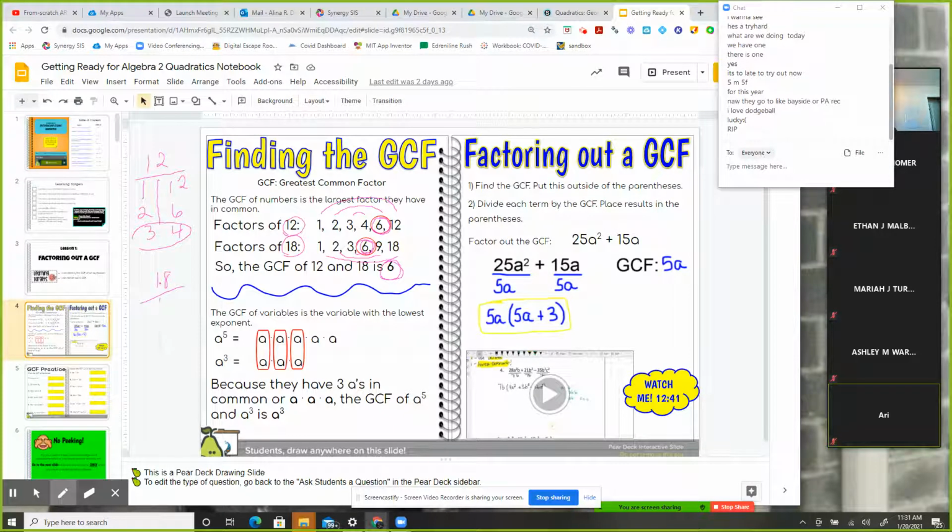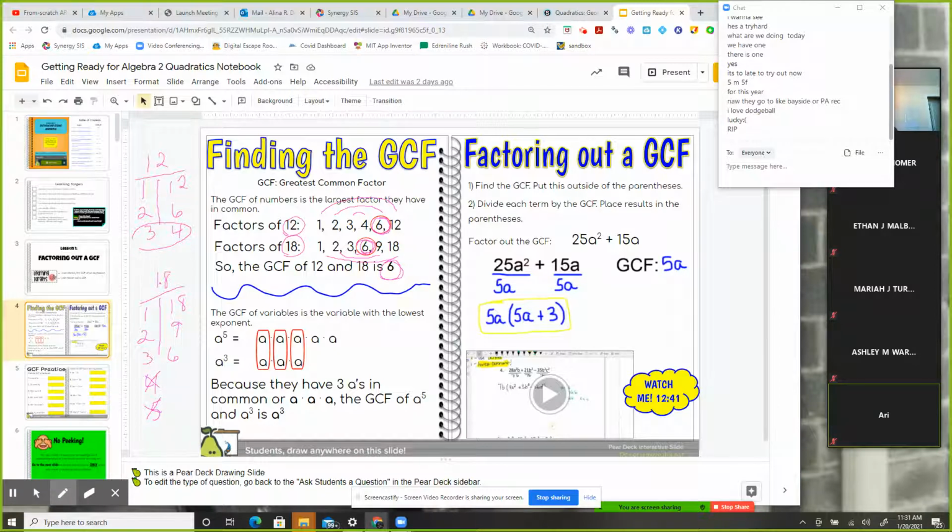So for 18, I do the same thing. 1 and 18, and then 2 and 9 and 3 and 6. 4 doesn't work. It doesn't divide in evenly. 18 divided by 4 gives me a decimal. 5, same thing. 18 divided by 5 is a decimal. So I don't need to use either one of those. Right? So that's another way to visually get those.